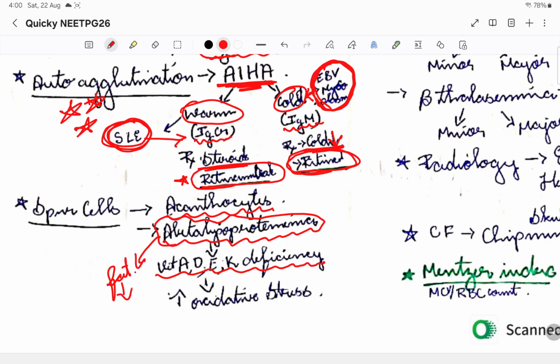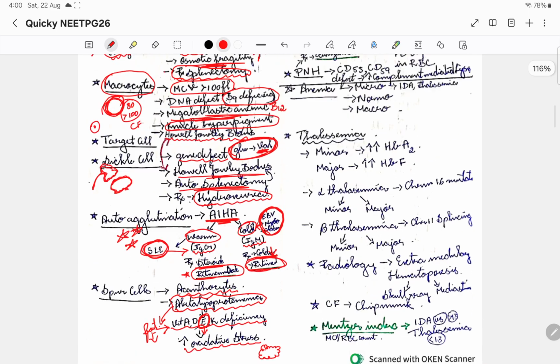So fat absorption is not there, meaning fat-soluble vitamins are also absent. If vitamin E, an antioxidant, is not there, then there is increased oxidative stress in the RBCs. So RBCs will have a specific shape called acanthocytes. This is how you can remember it.